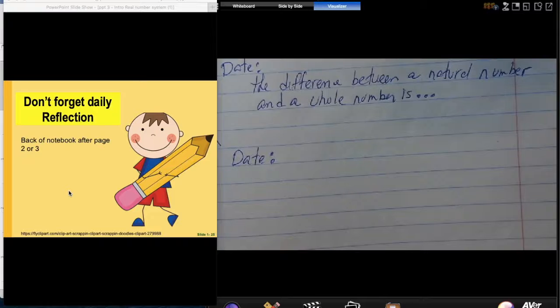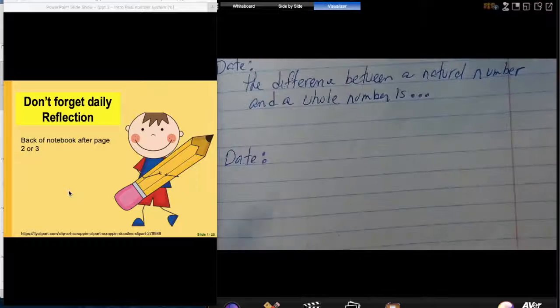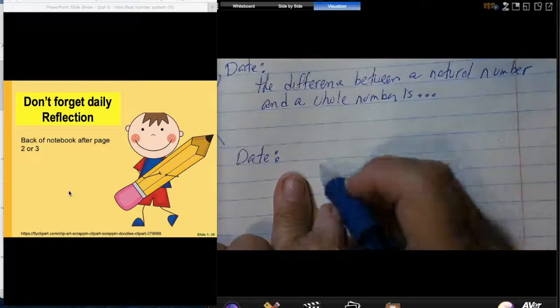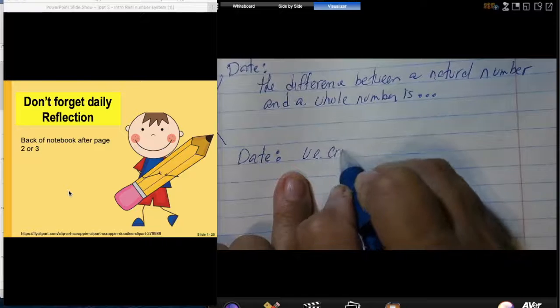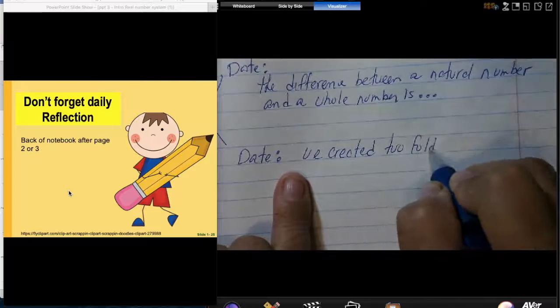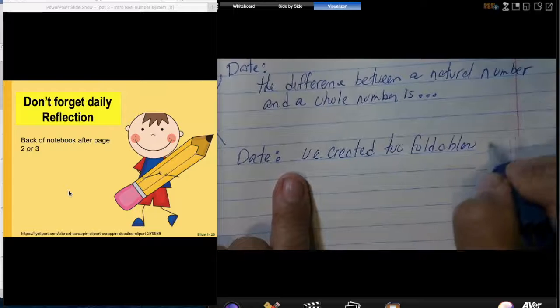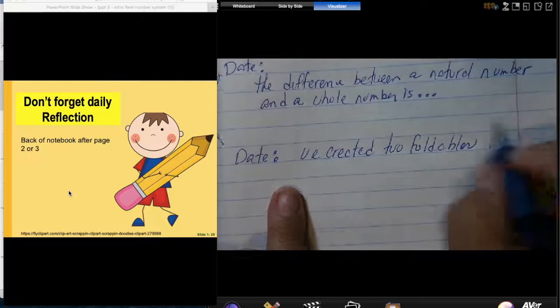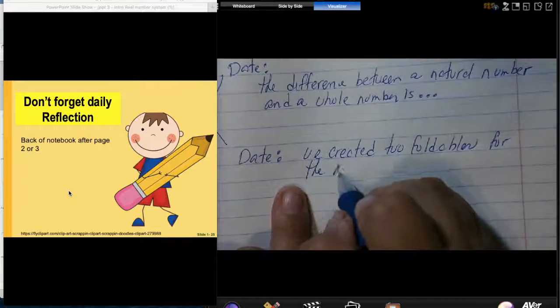Okay, so in summary, go ahead and write what we did today, including the foldables. So we created 2 foldables for the real number system.